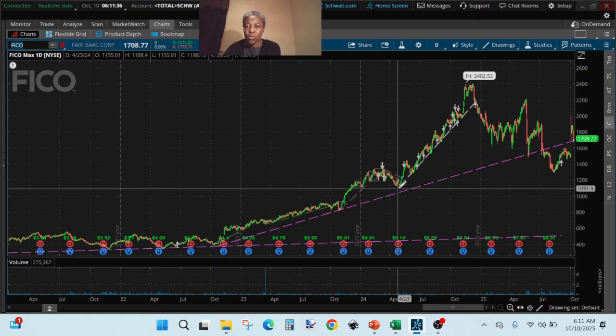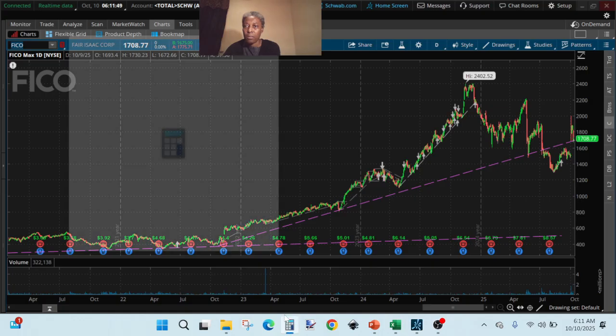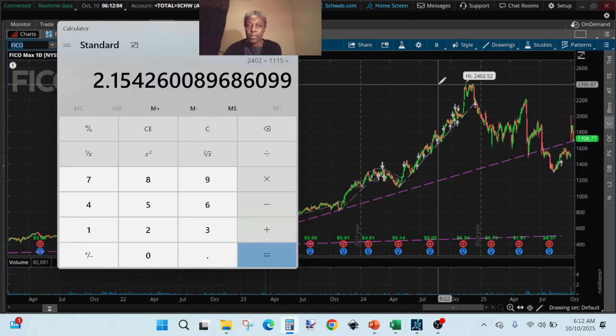Another thing I will do as well is, at this point the price is like 1,000, but let's just say 11.15 here, and we'll do the high point, and that will be this price here divided by 11.15, 2.1.